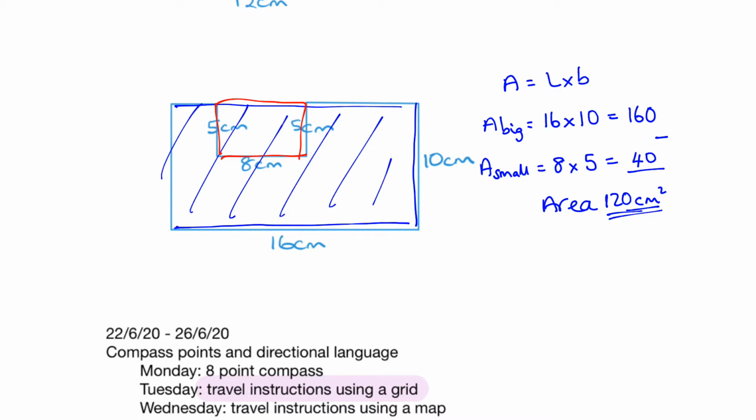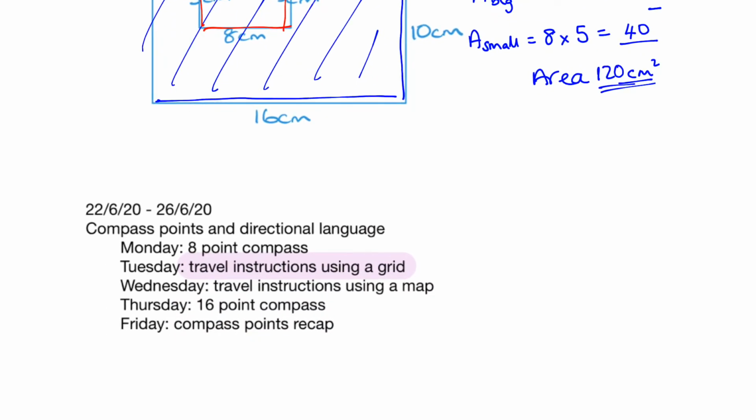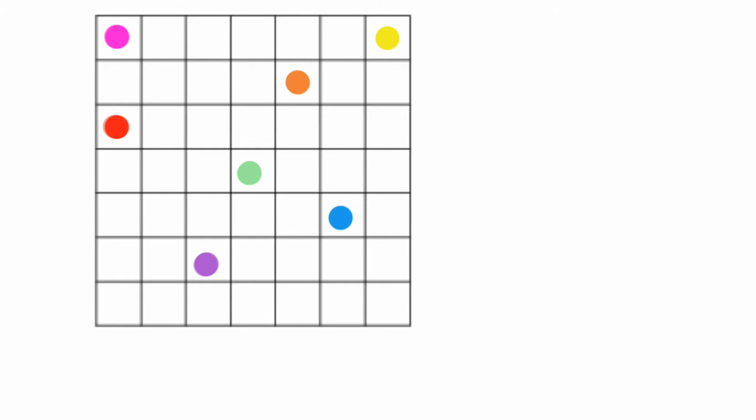Okay, so we're moving on to today's work now, which is travel instructions using a grid. So basically we're going to be looking at describing journeys using a grid and the compass points that we looked at yesterday. So here we have a grid with different coloured blobs on it, and we're going to look at how you describe getting from one blob to another.